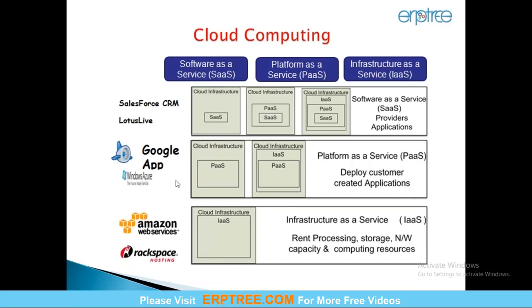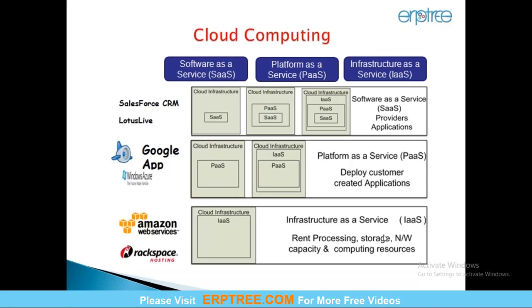Whereas when it is PaaS, you have Google App and Windows Azure as platform providers who give access to the applications as well as to the platform, so that you can deploy your own created applications or seamlessly use the applications available on the platform by integrating them.